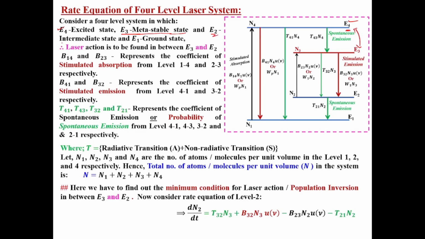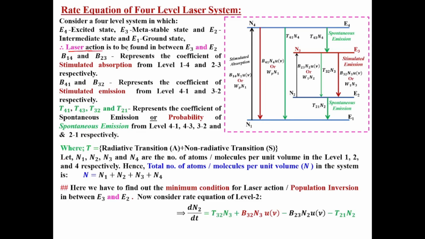E2 is another intermediate state and E1 is the ground state. N1, N2, N3, N4 represent the number of atoms or molecules per unit volume in levels 1, 2, 3, 4 respectively, or you can say the concentration of atoms or molecules in these levels.